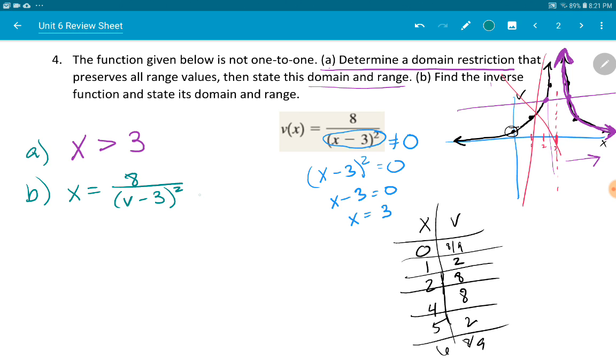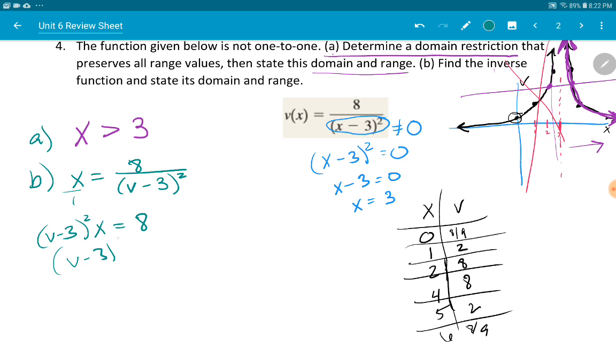I'm going to cross multiply, putting this over 1. I get v minus 3 squared times x equals 8. Divide both sides by x. I get v minus 3 squared equals 8 over x. Take the square root of both sides and I get v minus 3 equals plus or minus.